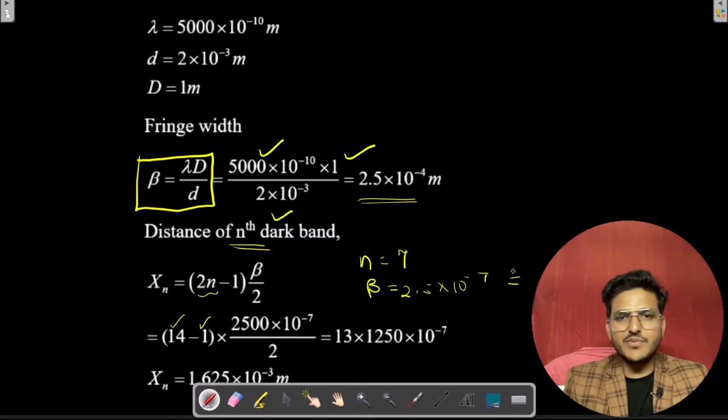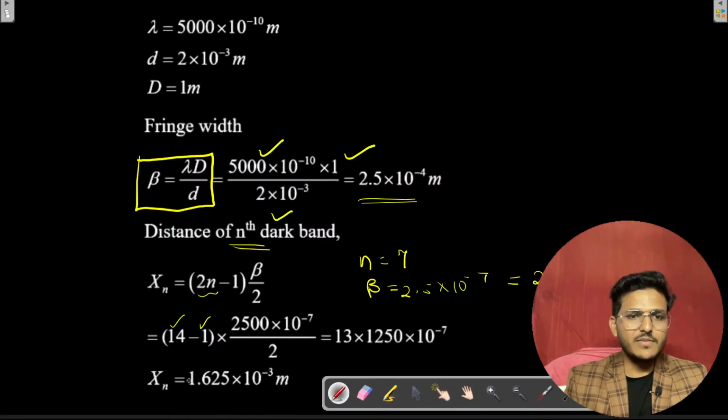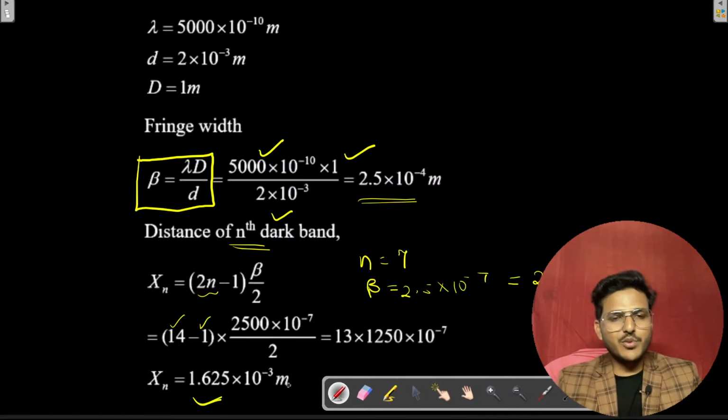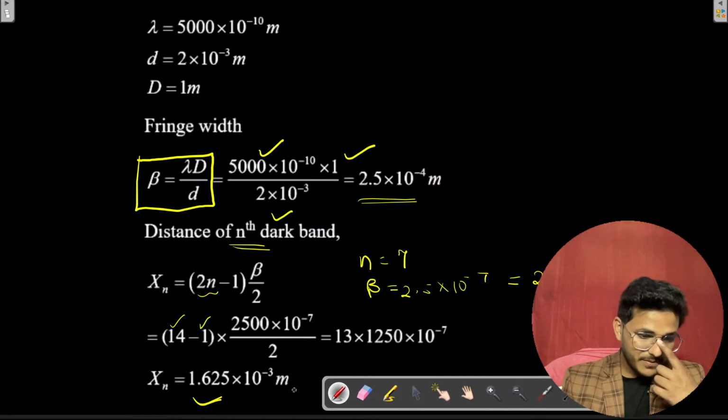This value can be written as 1.6 into 10 to the power minus 3.